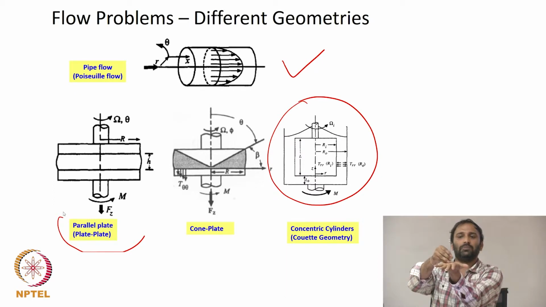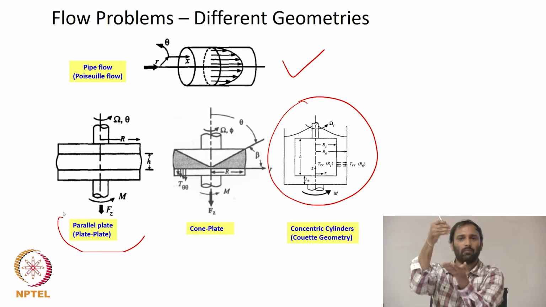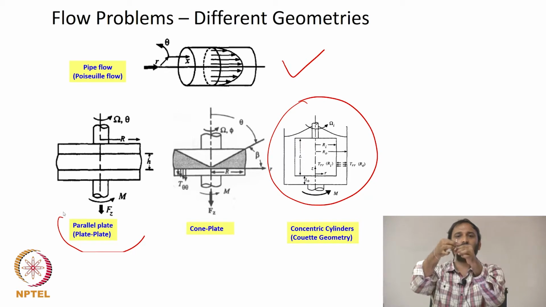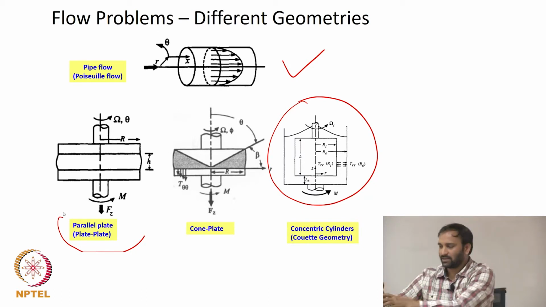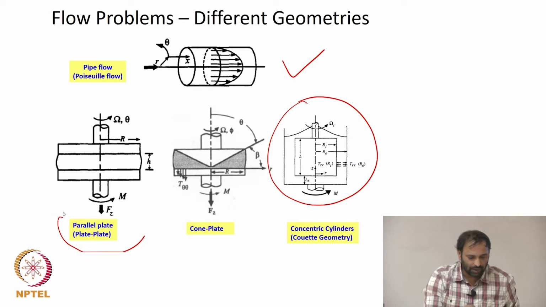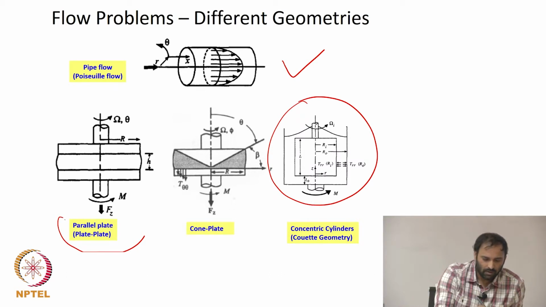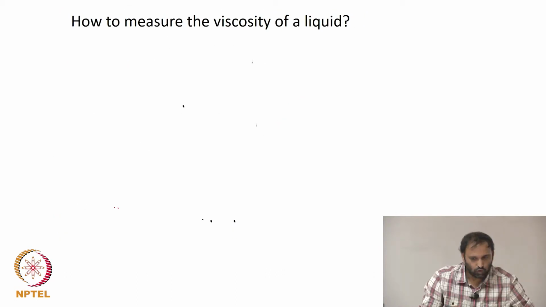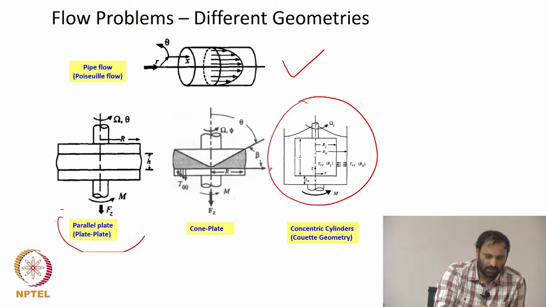I'm just going to keep this configuration, and your fluid is filled between the bottom plate and the top plate, and there's a way of rotating this. That is your parallel plate geometry.